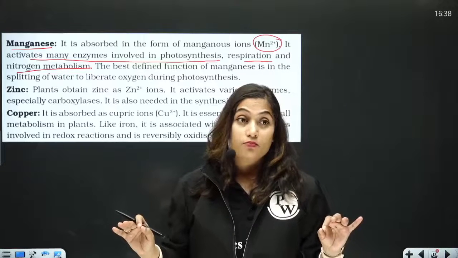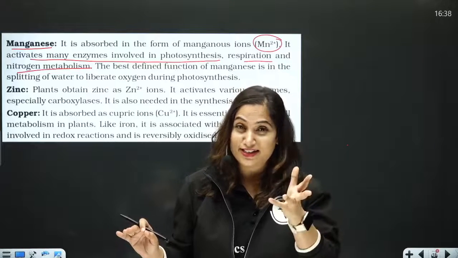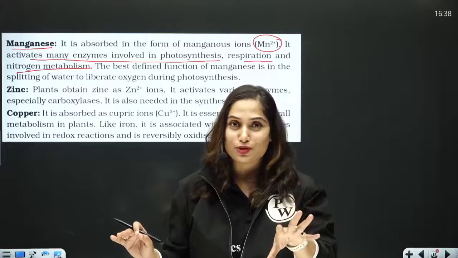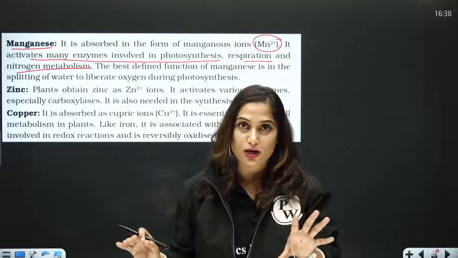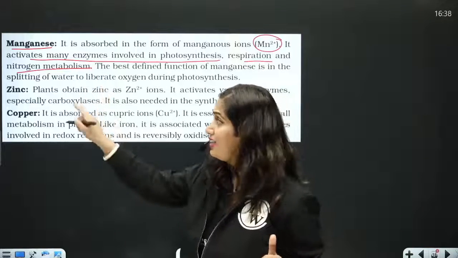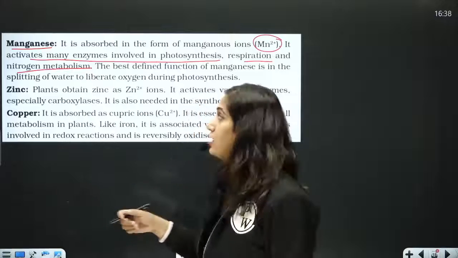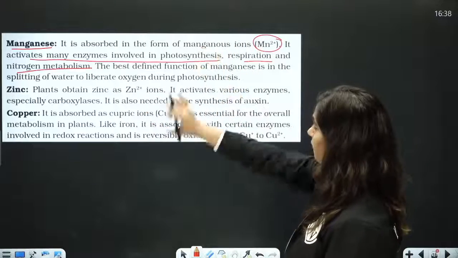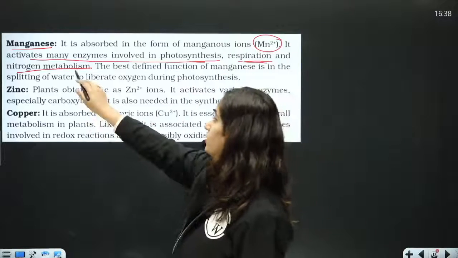Molybdenum is such an important enzyme component in the absence of which nitrogen metabolism cannot happen. So molybdenum is a must for nitrogen metabolism, but manganese can also help in nitrogen metabolism. I hope you're getting my point. So manganese is also helpful in activating many enzymes involved in photosynthesis, respiration, and nitrogen metabolism.